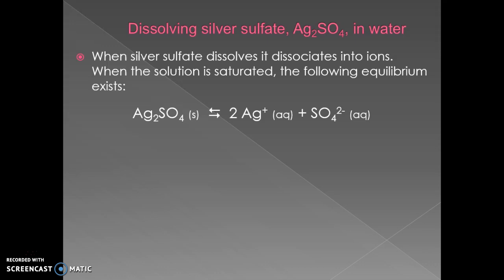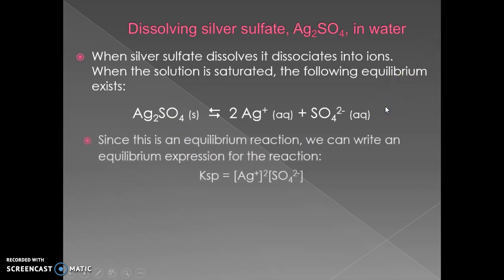And when the solution is saturated, it's going to establish this equilibrium. Now, at this equilibrium point, you've got a reasonable amount of solid that exists. So we've always considered silver sulfate to be reasonably insoluble, but some of it actually does dissociate. So that's what the Ksp, the solubility equilibrium, is going to talk about.